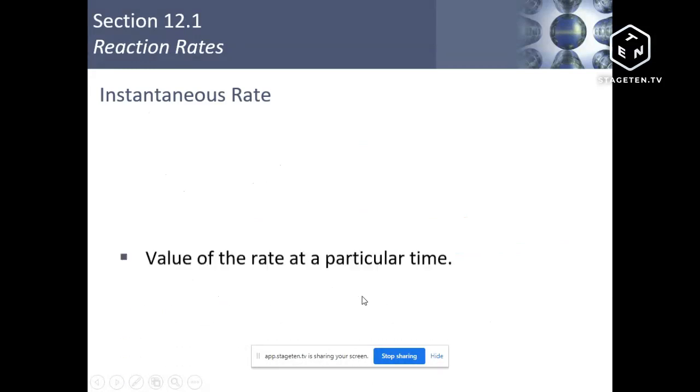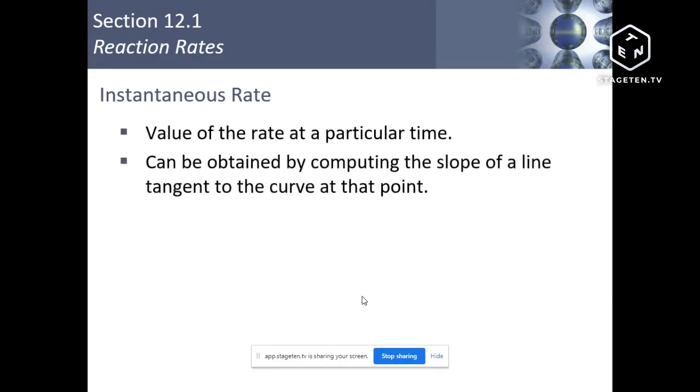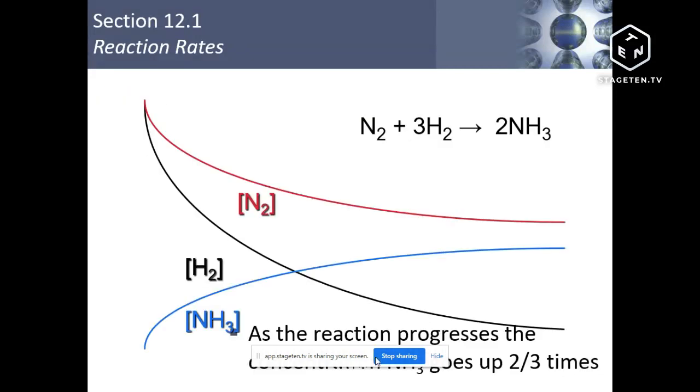Okay, so how do you get an instantaneous rate? Well, what you would have to do is graph the plot and get the slope of the line tangent to the curve. Do you guys know what that means? The line tangent to the curve. So if I wanted to know the instantaneous rate of disappearance of hydrogen at this point in time, I would have to draw a line tangent to the curve, which is a line that only hits the curve at one point, and the slope of that line would be the rate at which hydrogen is being consumed at that point in time.